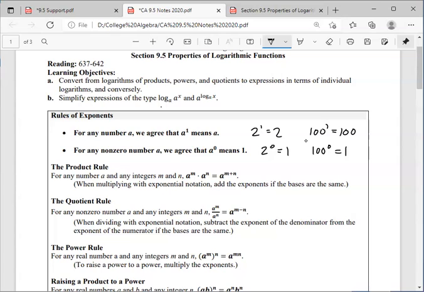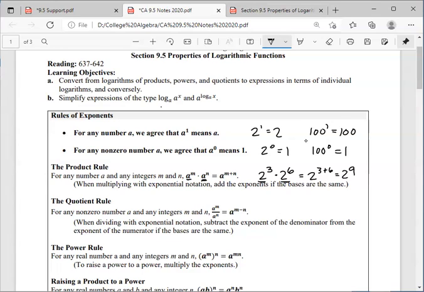The product rule. If you have the same base and you're multiplying, then you're going to add the exponents. So if I had 2 to the 3rd times 2 to the 6th, my base is the same. The trick is that I would do 2 to the 3 plus 6, which is 2 to the 9.